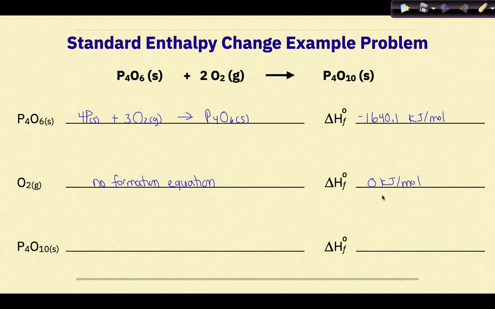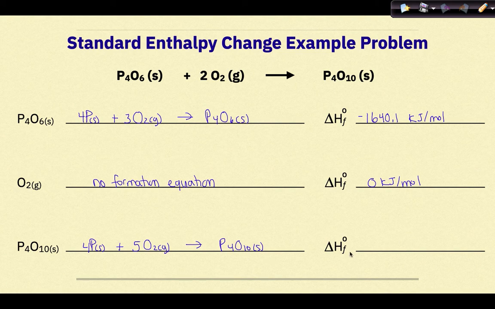Not that we need to write it, but why not? And then finally, we have P4O10 as a solid. So just like we did above, phosphorus as a solid plus oxygen in the gaseous state yields P4O10 solid. So I'm going to have a 4 in front of the phosphorus. I'm going to have a 5 in front of my O2.